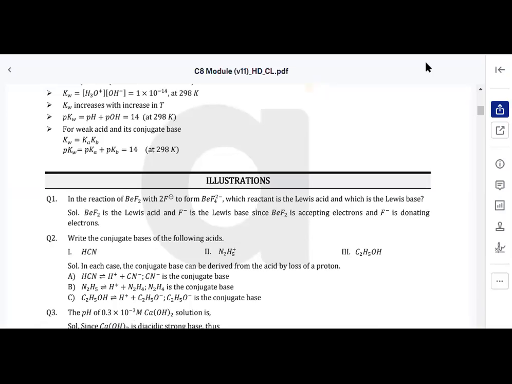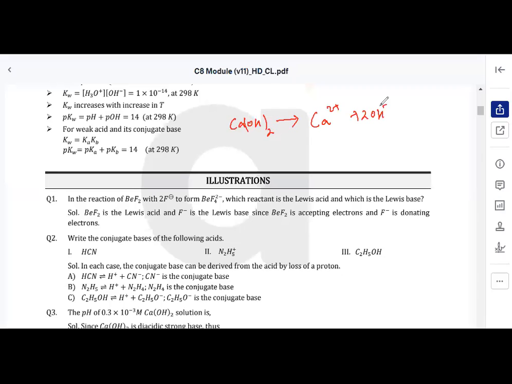The pH of 3 into 10 power minus 3 molar Ca(OH)2. Now, what question should you ask by yourself? Is this a strong electrolyte or a weak electrolyte? Ca(OH)2, strong or weak? It is written that it is strong, which means Ca(OH)2 will break down into Ca2 plus and 2OH minus.